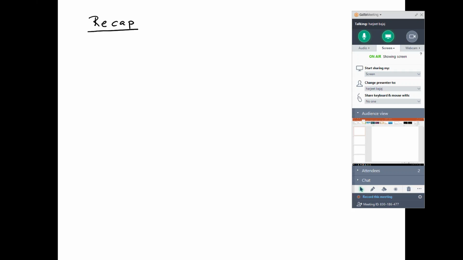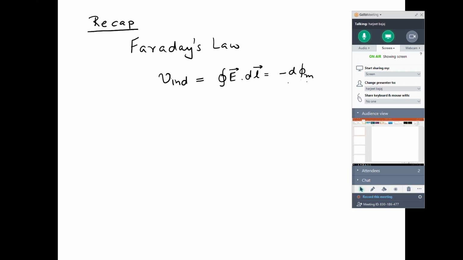We had taken a look at Faraday's law, and we had seen that if I have a flux which is changing, I can create an induced EMF or electromotive force, which we'll call V induced, which in the circuit is going to go as E dot dl and is given by the rate of change of the flux with time, or is minus N d by dt integral of B dot ds.